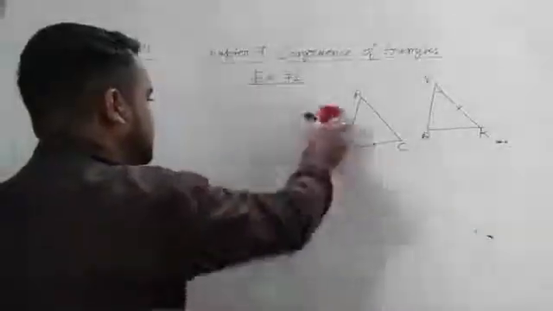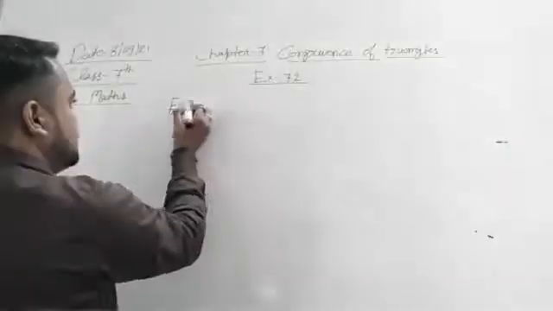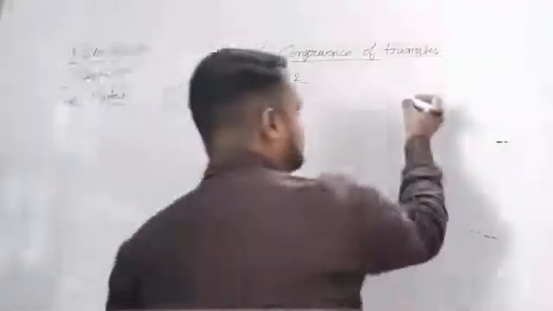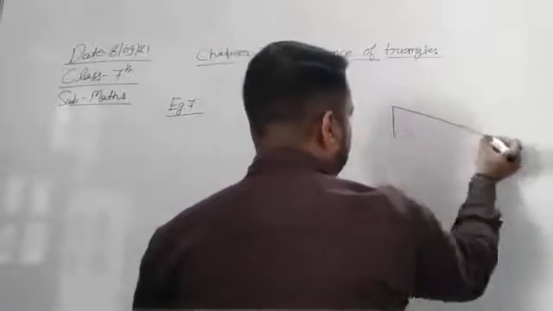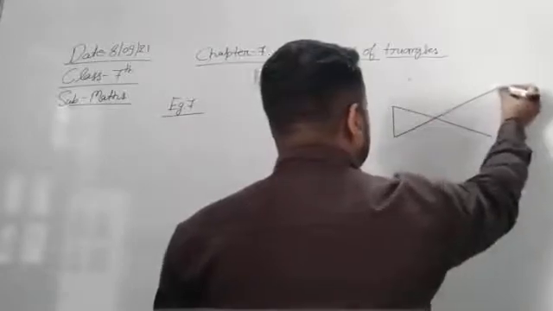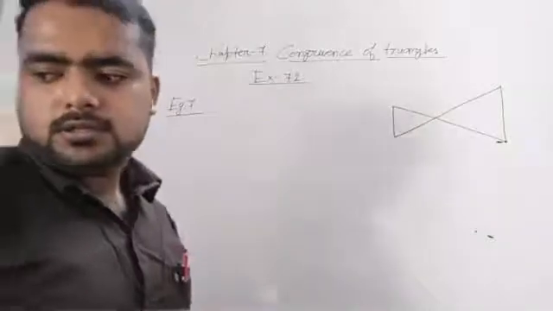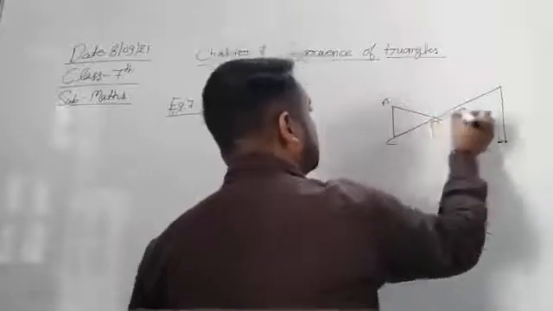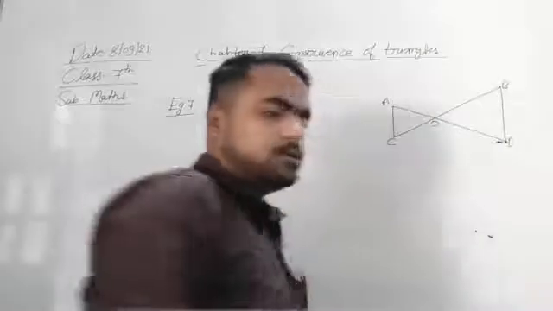So now we will proceed to our next example, that is example 7. In example 7 there is a figure, and here we have two triangles, triangle AOC and triangle BOD.